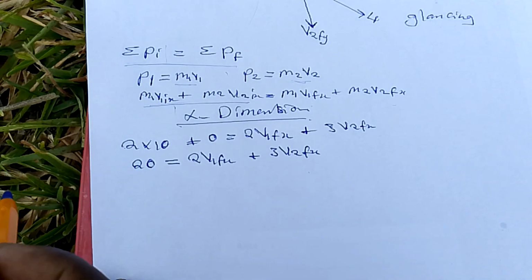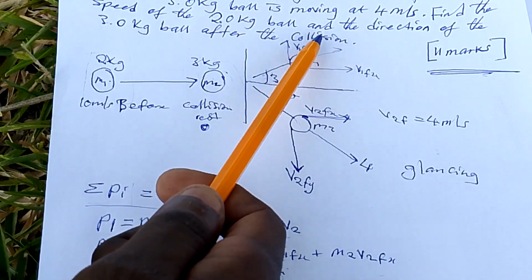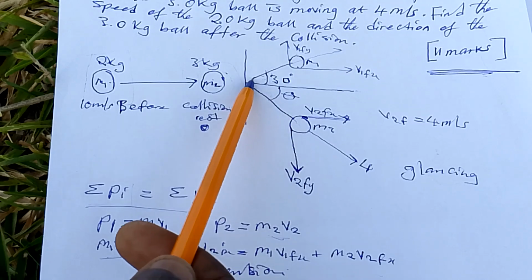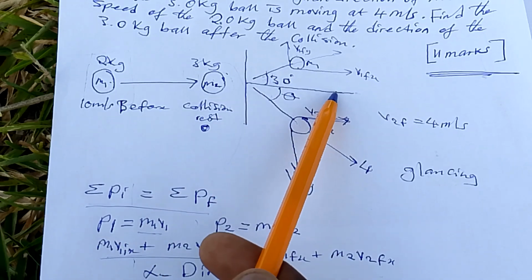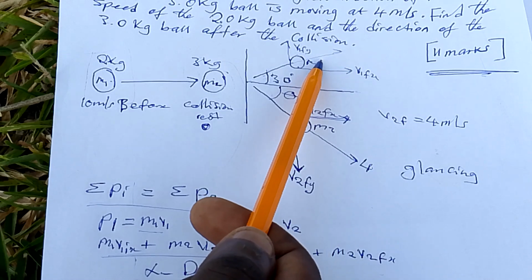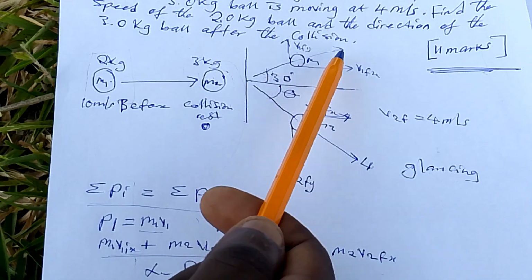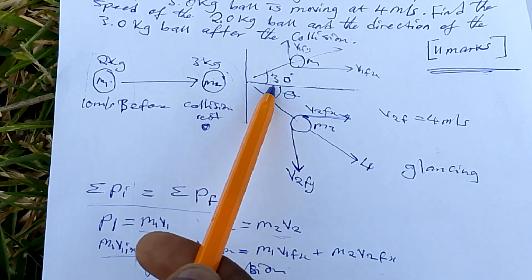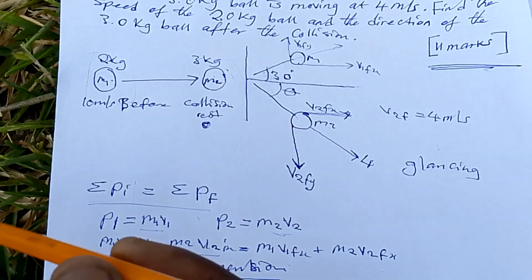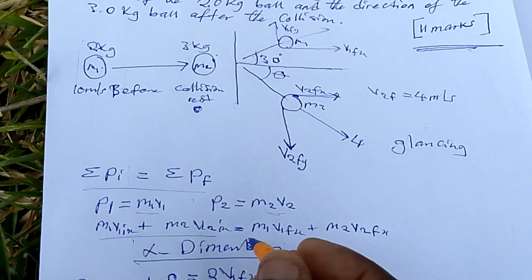Now here we need to note something. From this diagram, you can see that v1 final x is the same as this. So this velocity v1 we are not given, but we can find the component of this v1 in the x direction. This side is cut, so it's going to be v1 after collision times cos 30.